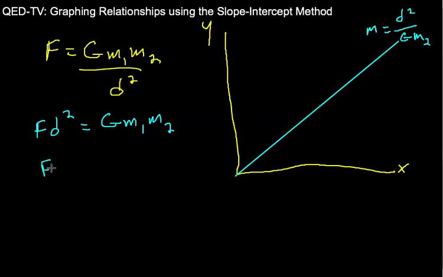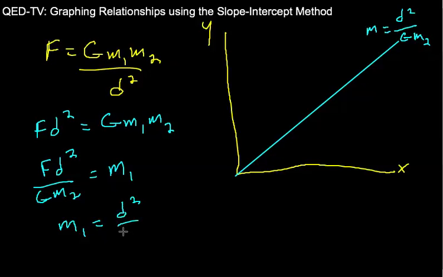So I'd have F d squared over G M2 equals M1, right? Okay, and if I rearrange that, I could do M1 equals d squared over GM2, I'll leave that right there, times F.